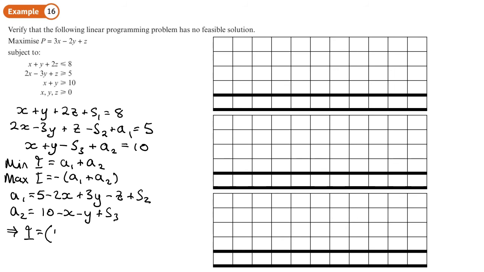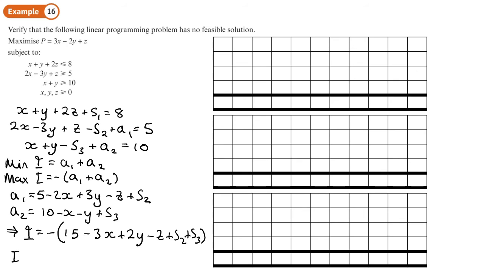So that would be 15. Actually, let's put the negative in. Minus, and in brackets, a1 plus a2, so that's 15 minus 3x plus 2y minus z plus s2 plus s3. So we need to rewrite that.